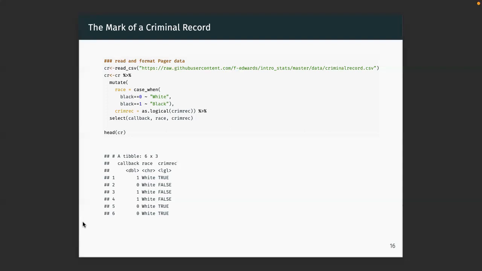Okay. What scale is criminal record on? So we have a lot of binary variables. So what would it mean for a linear model to approximate the data generating process?